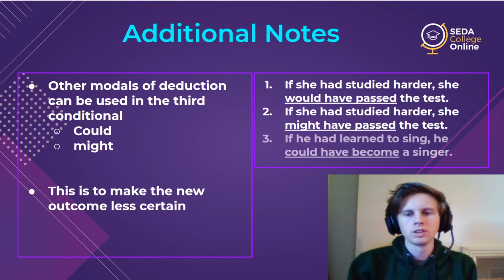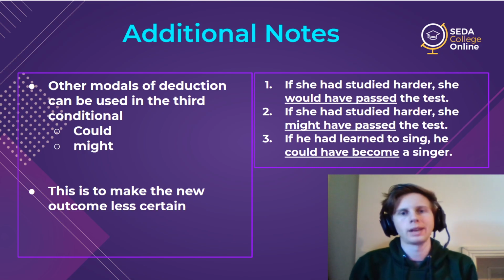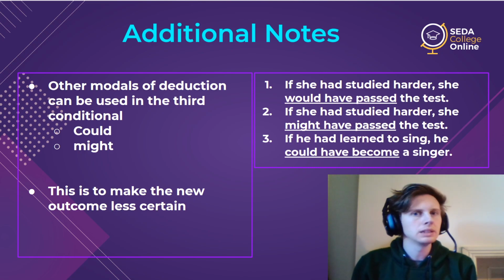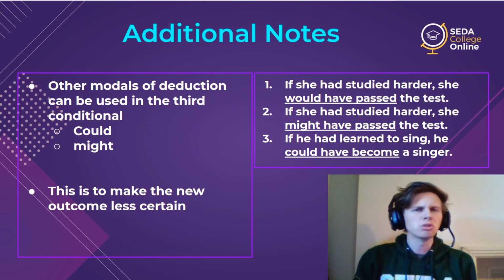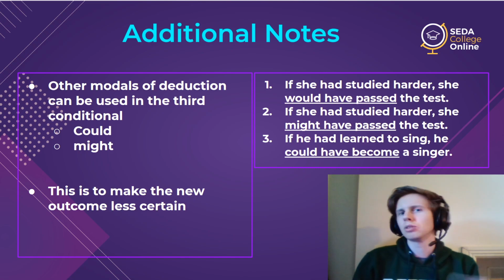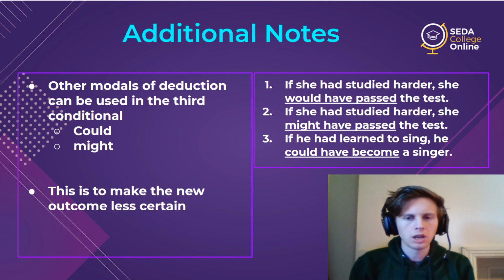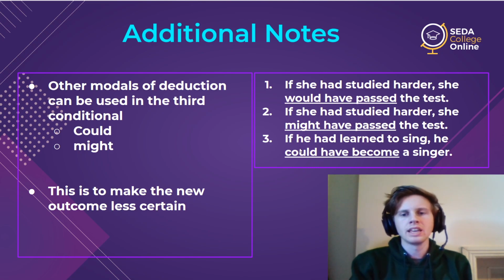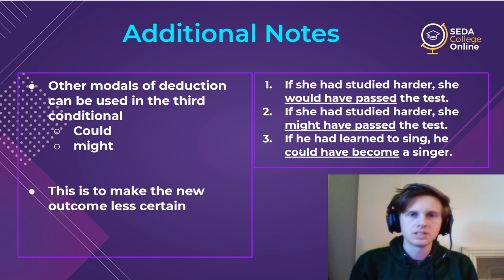Could, though, is slightly different, and we use could for a situation where I believe she or he had the ability to do this. So remember, can and could always have an ability idea. No matter the hypothetical or the situation, you're always imagining some ability. So you can say, if he had learned to sing, he could have become a singer.